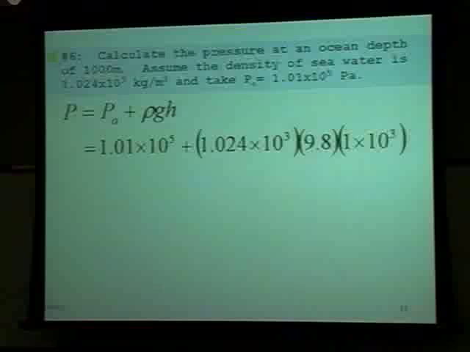Plugging in numbers, I have atmospheric pressure 1.01 times 10 to the 5, plus the density of water 1.024 times 10 to the 3 kilograms per meter cubed, times g 9.8, and we're going to go to a depth of 1 kilometer, 1,000 meters.